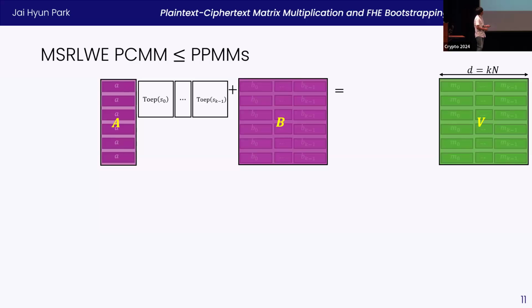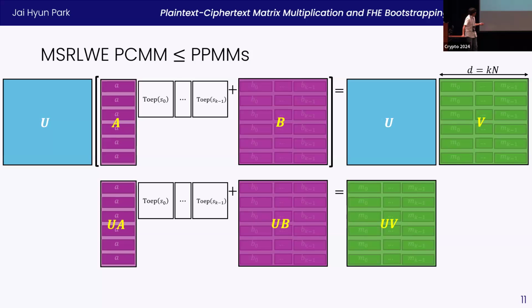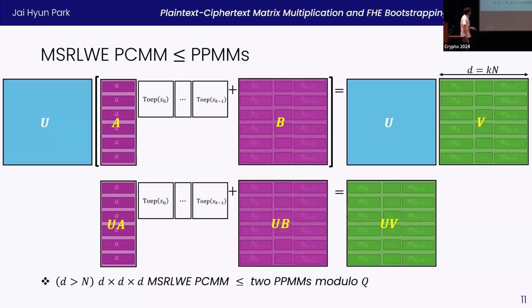From that observation, we can make a reduction again. We are given the encryption of a large matrix V, and once we multiply a plaintext matrix U on both sides, it turns out to be another structured matrix equation, which is related to a bundle of multi-secret ring LWE ciphertexts. That means that multi-secret ring LWE PCMM can be reduced to two PPMMs, UA and UV.